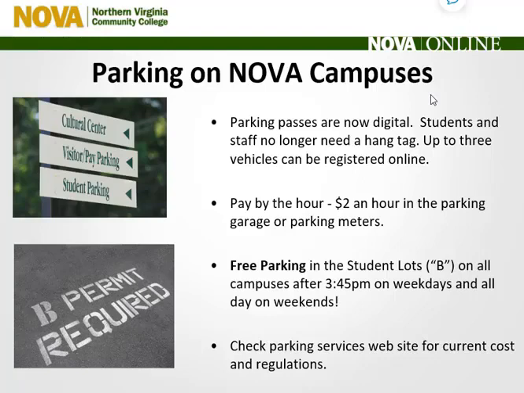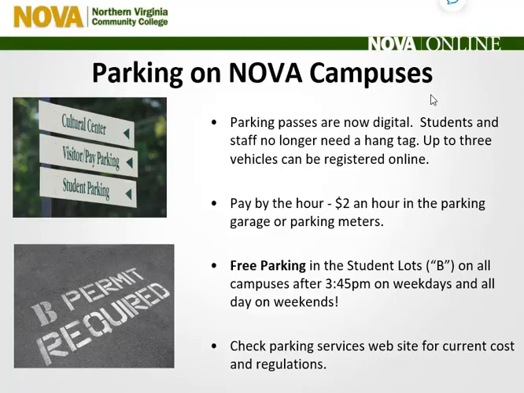Since each vehicle's license plate is used as your parking permit, license plates must be registered accordingly to avoid being issued a citation. Errors in license plate registration are the responsibility of the consumer. That's you, the student. You may link up to 3 vehicles on any permit.